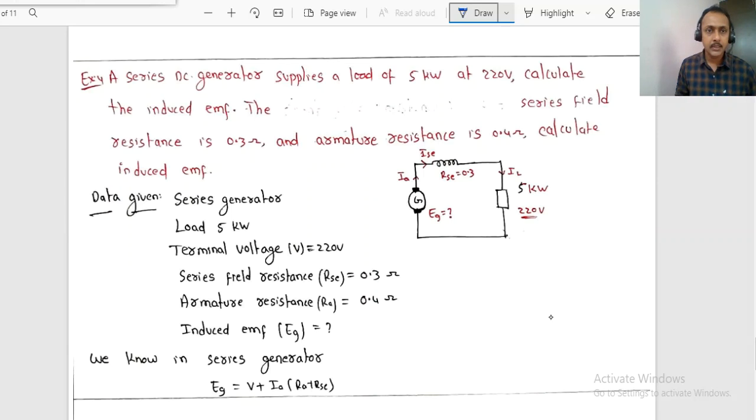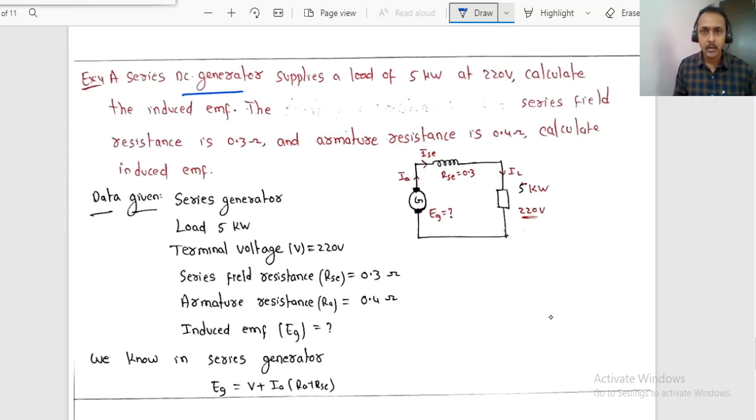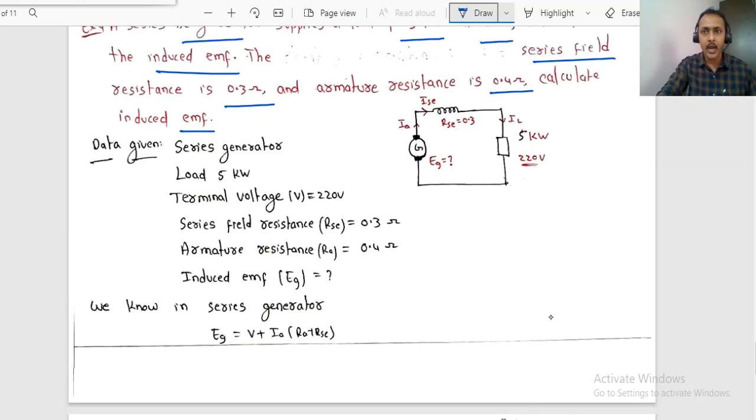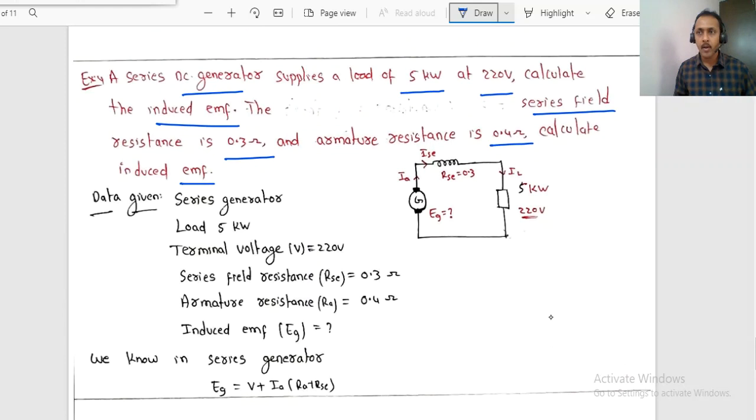A series DC generator supplies a load of 5 kilowatt at 220 volt. Calculate induced EMF. Series field resistance is 0.3, armature resistance 0.4. From the data given, simply draw a diagram.